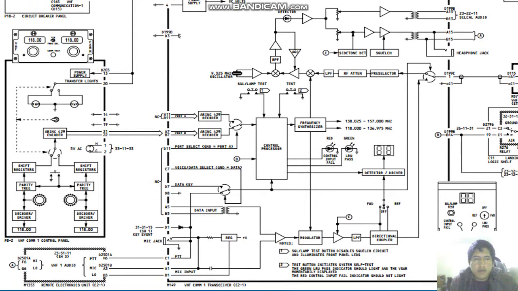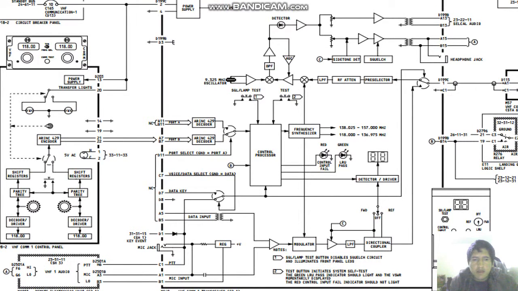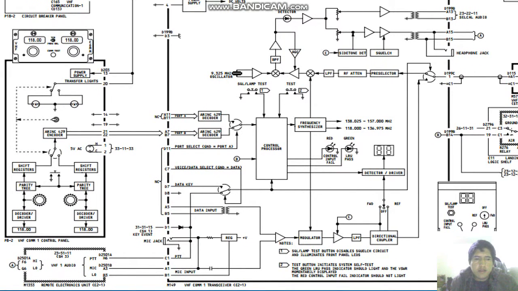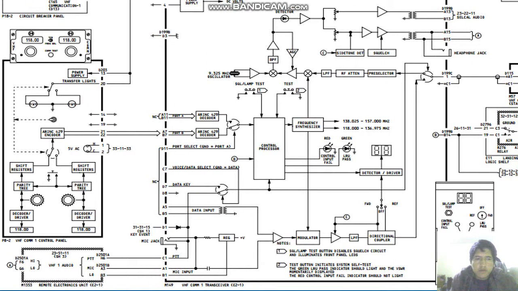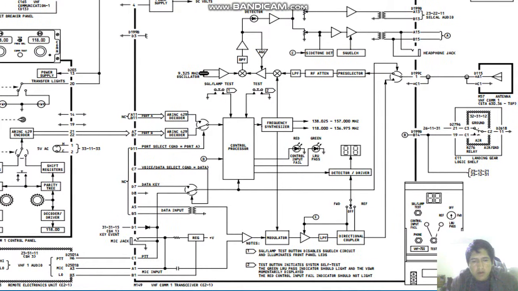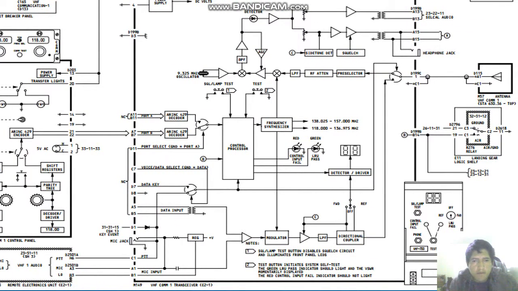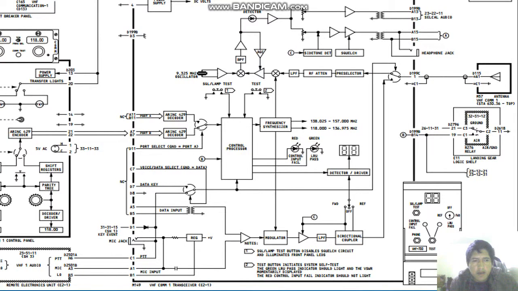If you have, for example, the information in number three or four, this component is not okay. So then all the fails to check are in the power of transmission.